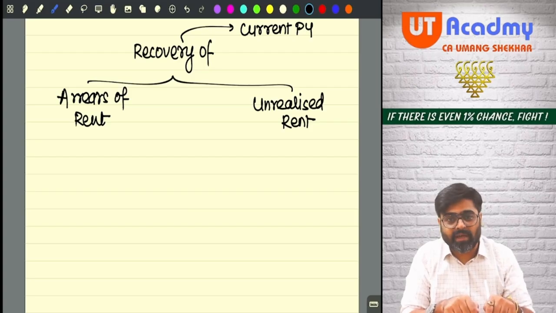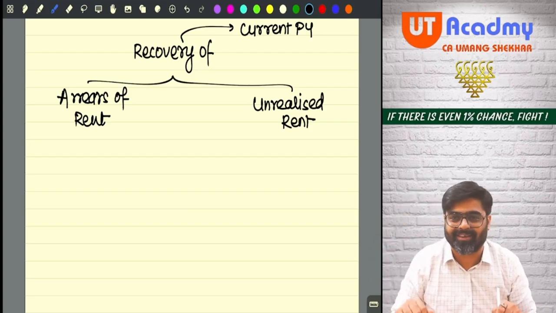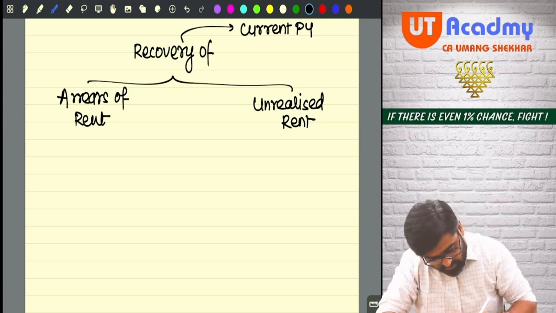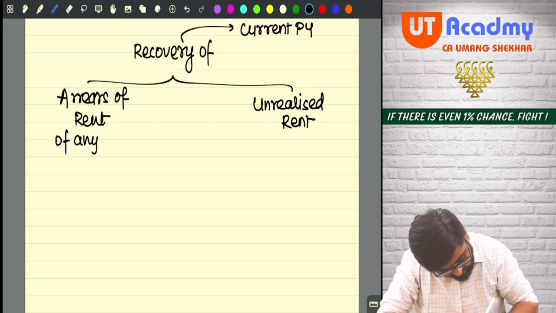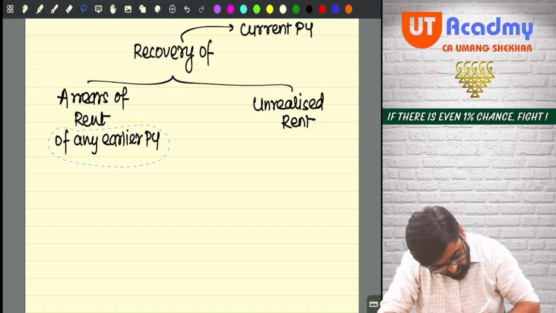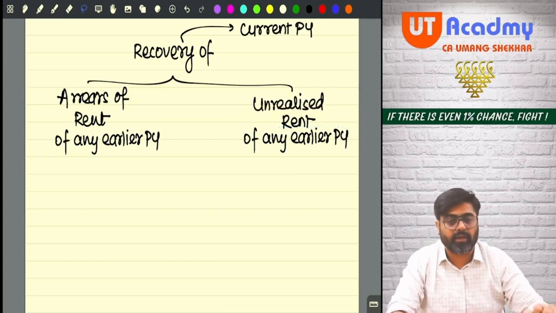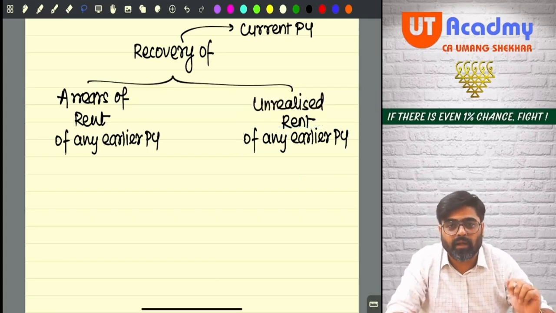The rent which I am recovering in my previous year is unrealized rent of any earlier previous year. So arrears of rent of any earlier previous year, arrears of rent and unrealized rent of any earlier previous year.